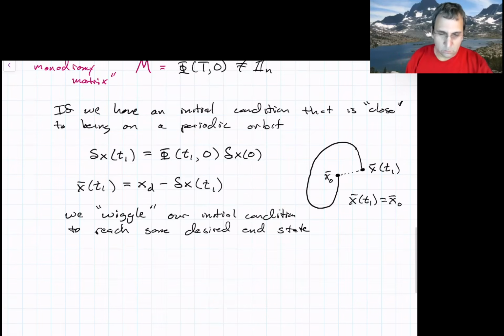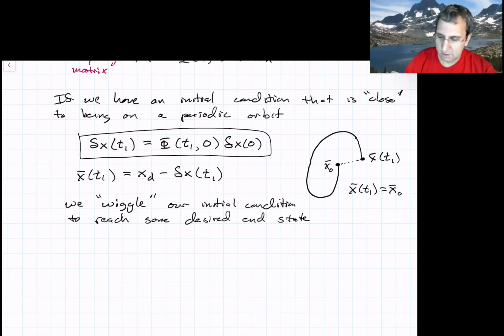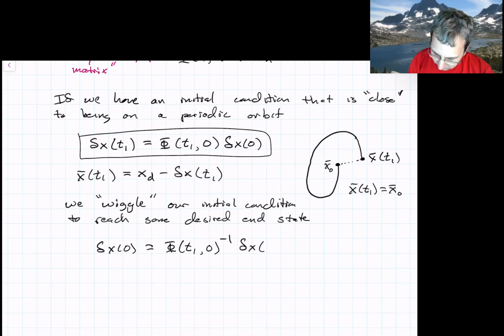We can use this and just write the inverse of it. So delta x at the initial time is equal to the inverse of that state transition matrix times our displacement at time T1.